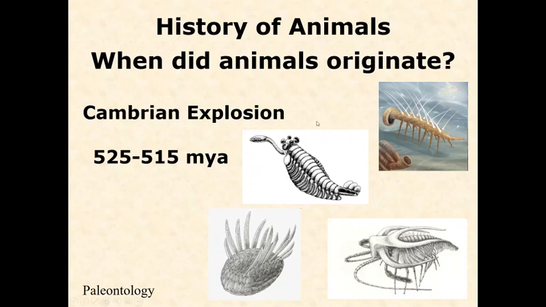Now, most likely this is due to two things. Number one, we might not have had good preservation before, maybe very low numbers leading to very few fossils. And number two, and most scientists agree that at least in part, it represents a true breakthrough, where suddenly we have enough ecosystem complexity to support a wide range of different animals, and so we just see, boom, all of these different animals.